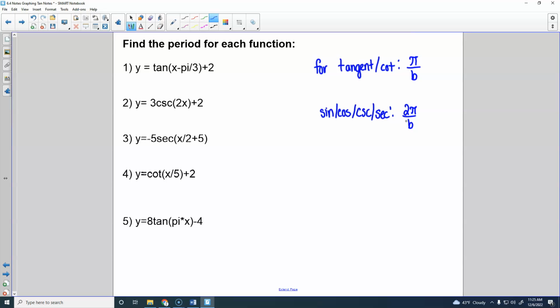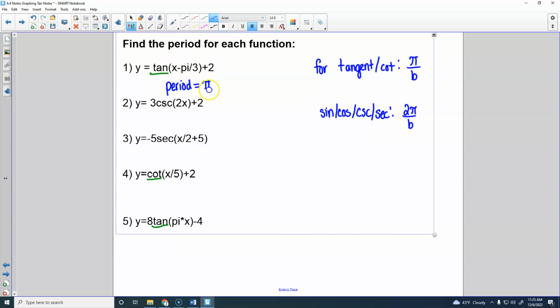So for the sake of time, I'm not going to do every single one of these, but whenever I'm dealing with tangent or cotangent, I need to do pi over b, not 2 pi over b. So for that first problem, the period of this function, I don't have a number in front of my x, so it would just be pi, right?